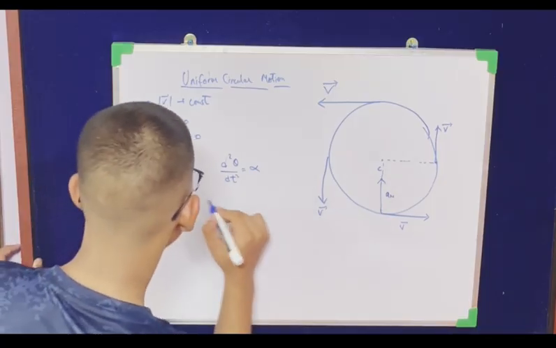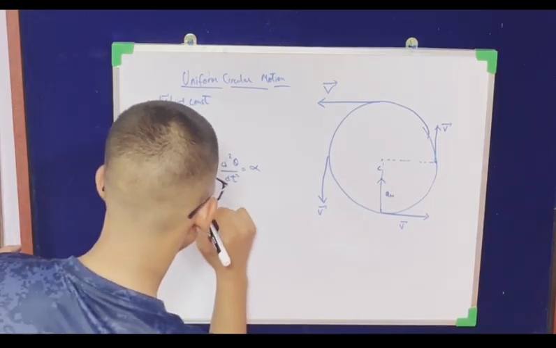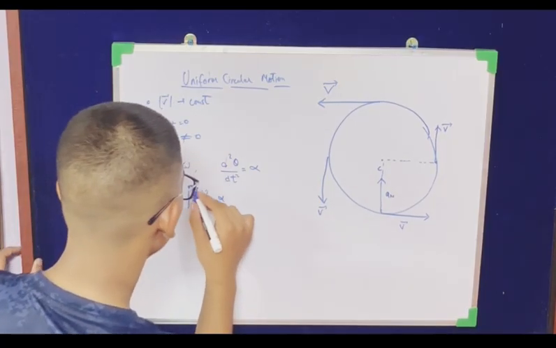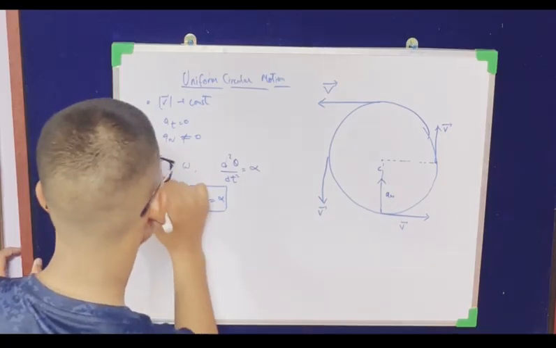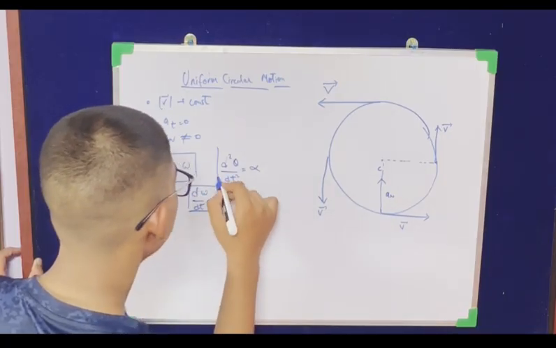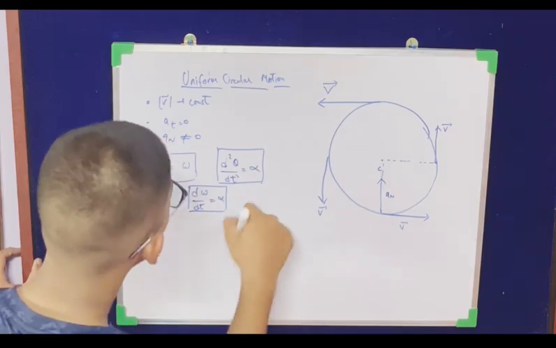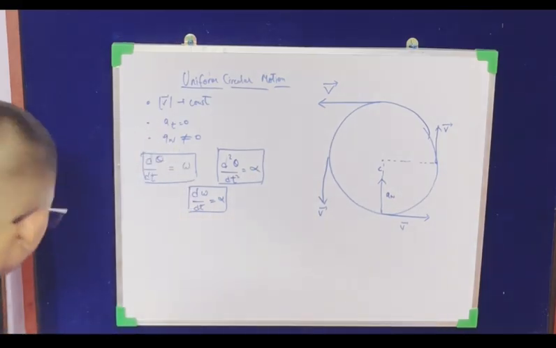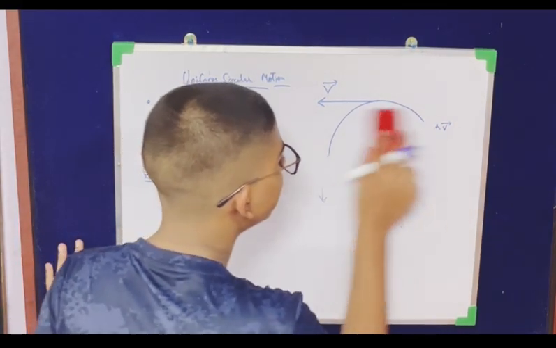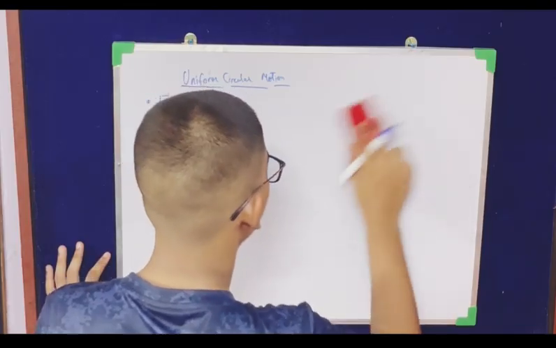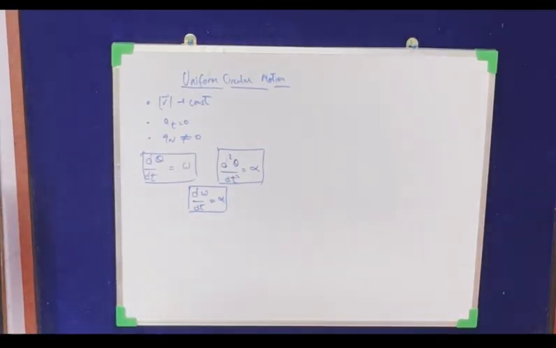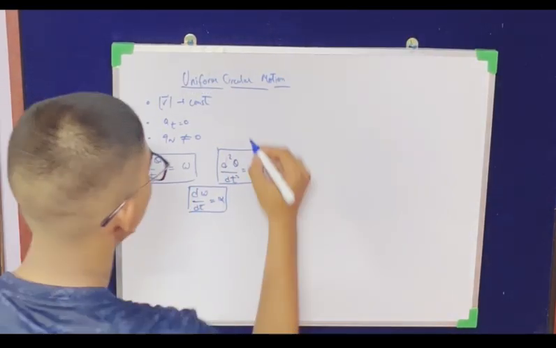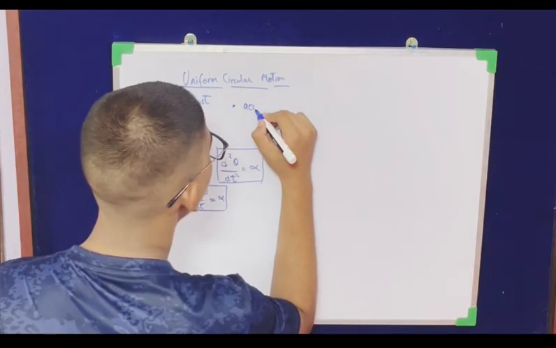This can also be written as d omega by dt is equal to alpha. These are the basic formulas, but let us try to write in terms of all these things. Let us again imagine a situation. Also, as the normal acceleration is constantly changing, this is an accelerated motion.